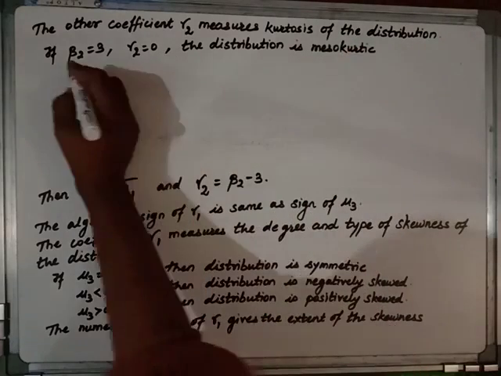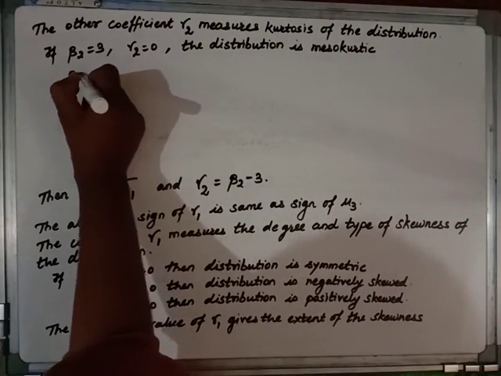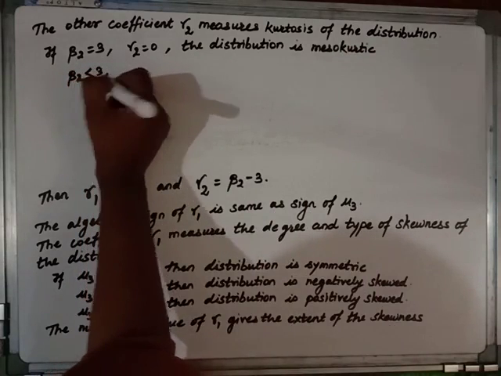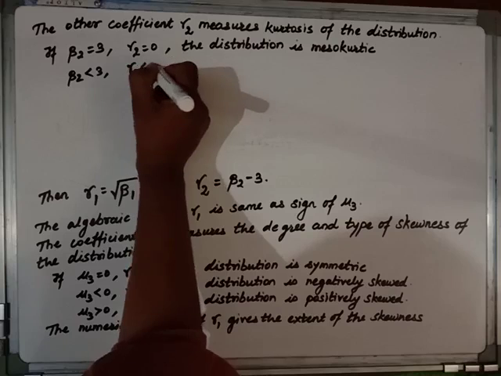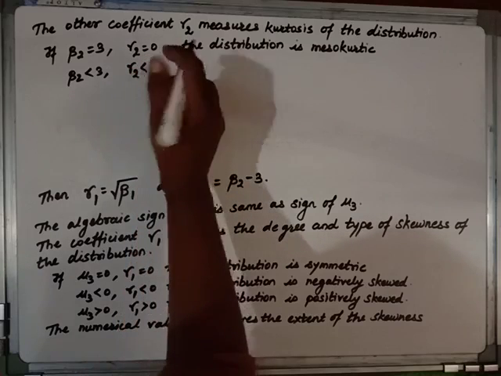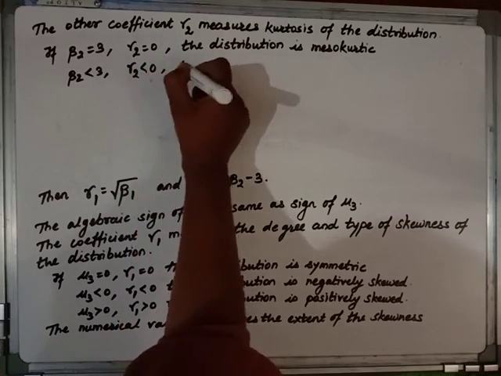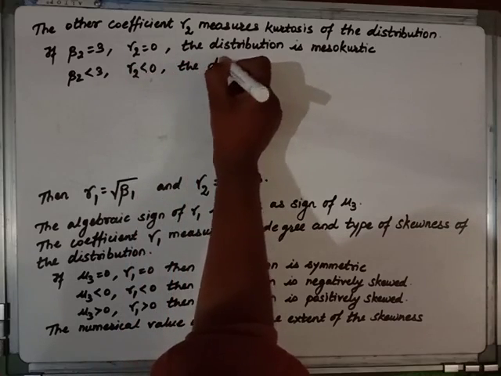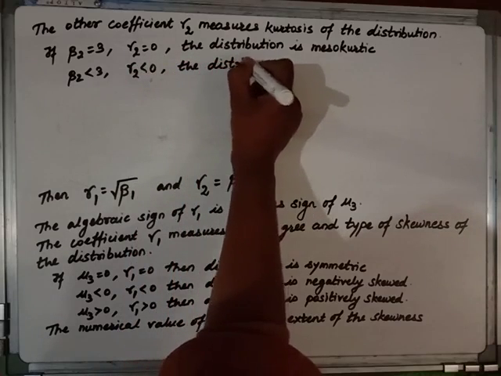Now next thing, if beta 2 is less than 3, then gamma 2 is also less than 0. That time the distribution is platykurtic.